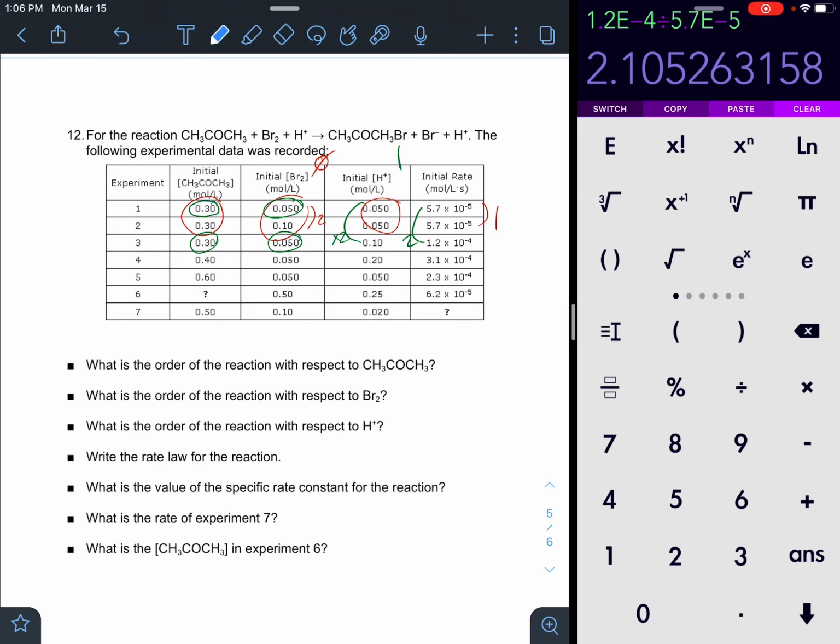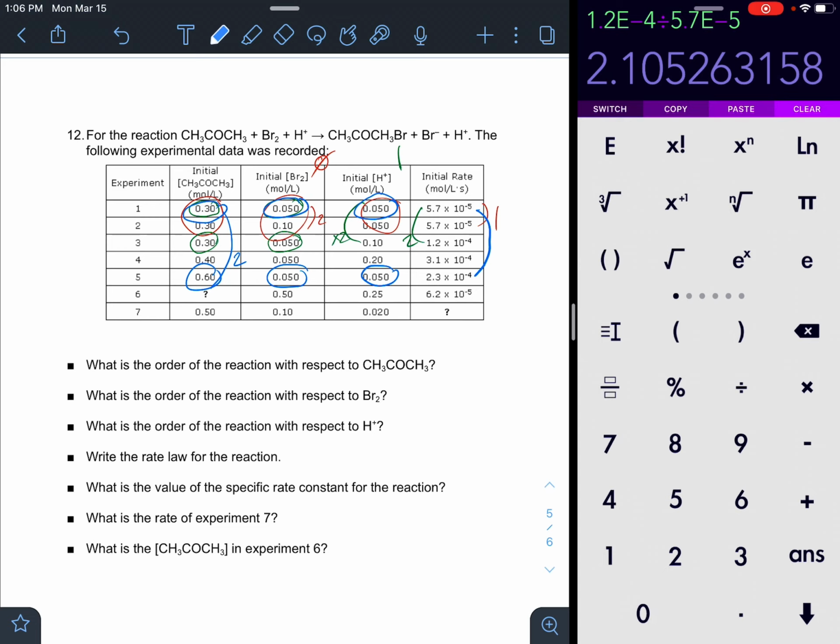And then finally, we need one that does something different to the A. So I'm looking. Okay, look at this one. So if we take this and this, they're the same. This and this is the same, and this is times 2.